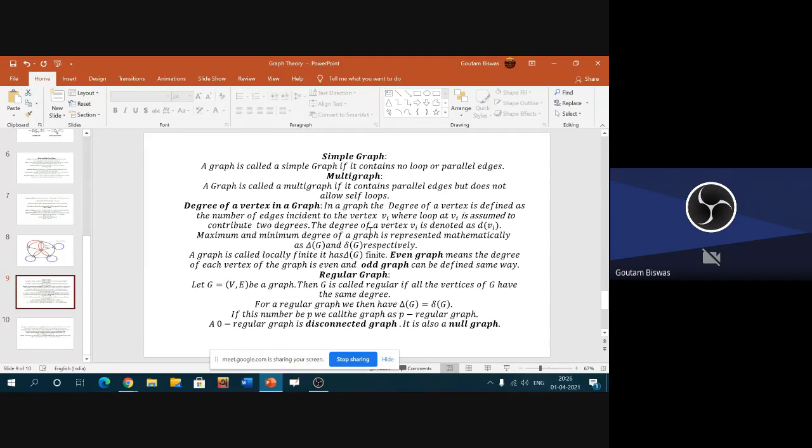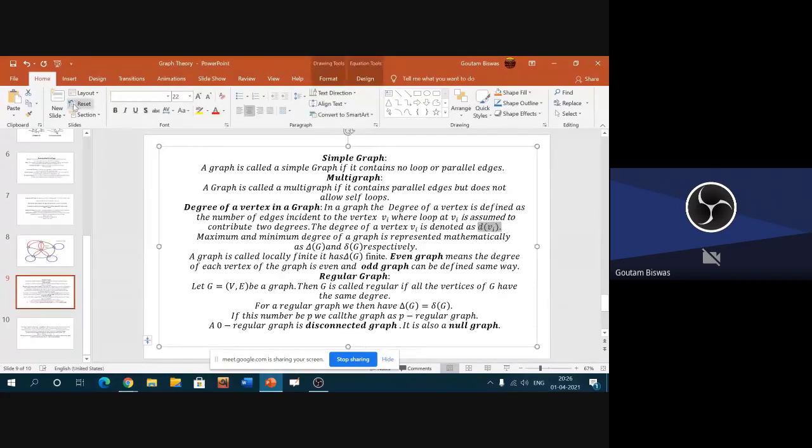The degree of the vertex is denoted like this, so make it bold. Now, in a graph, the maximum degree is represented mathematically by this symbol. Remember this, and this symbol is the minimum.